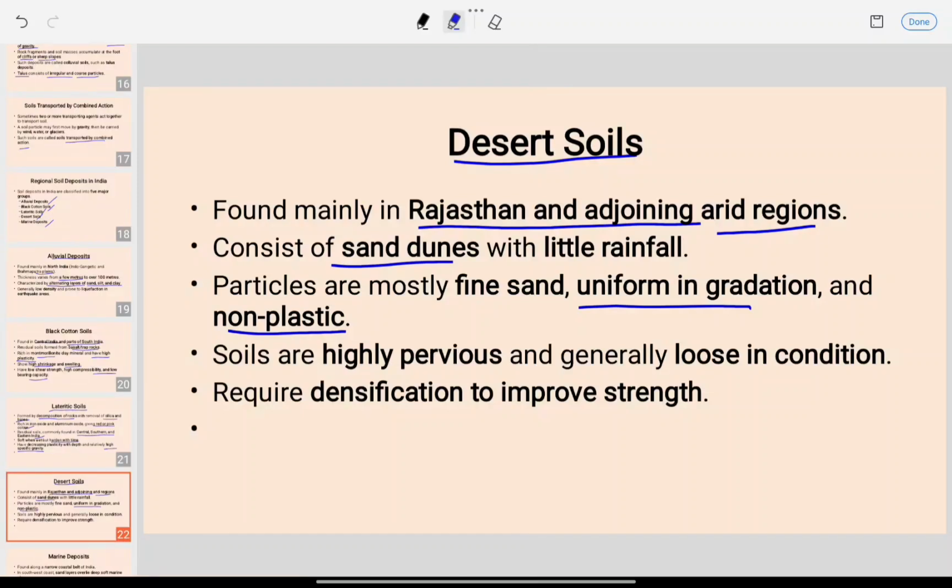Because of this, these soils are highly pervious and generally loose in condition. From an engineering point of view, loose desert soils often require densification to improve their strength before construction. So desert soils are sandy, loose soils of arid regions with special engineering considerations.